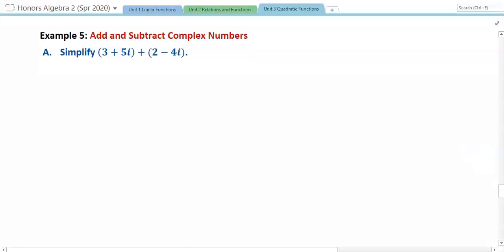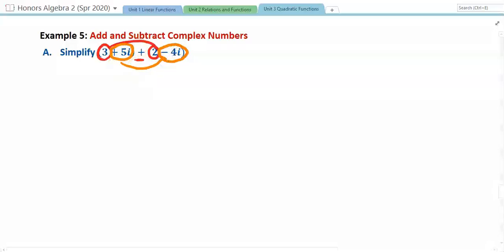Looking at example 5 here, to add and subtract complex numbers. Again, you can only add or subtract like terms, right? And so dealing with that, what can I get here? The real part will add, in this case, because that's the operation, to the real part. And the imaginary part, so this plus 5i, will add to this imaginary part, negative 4i.